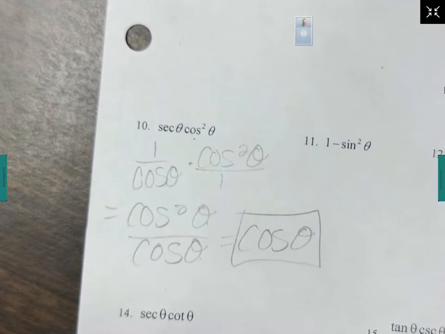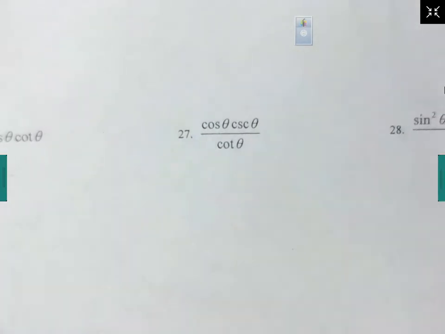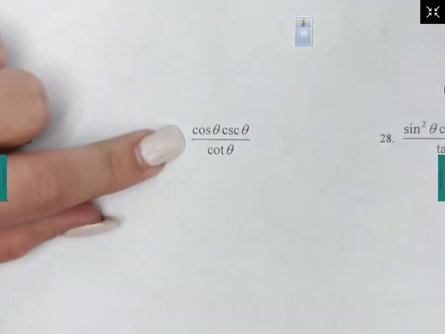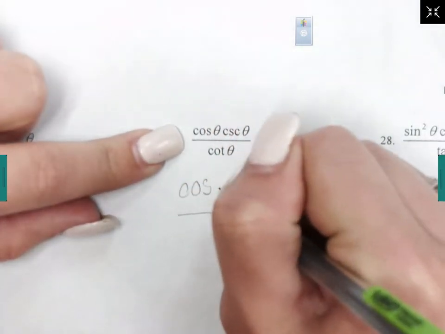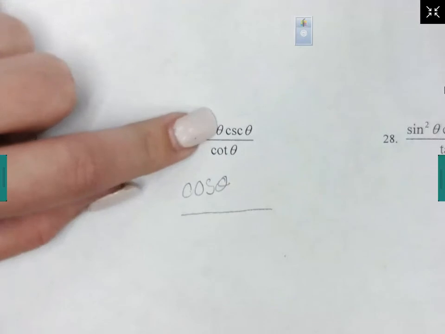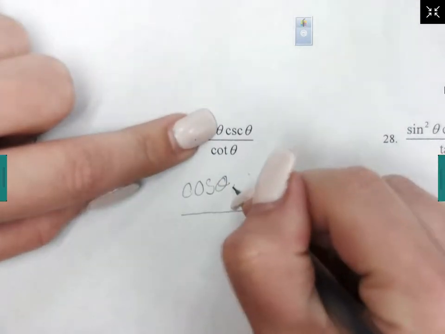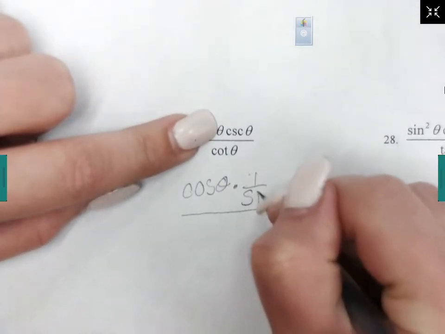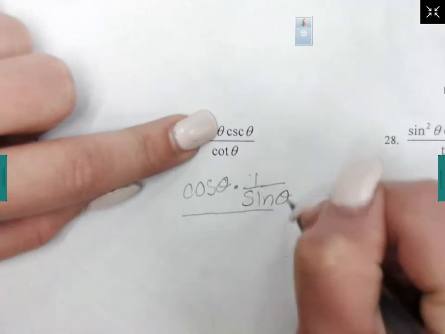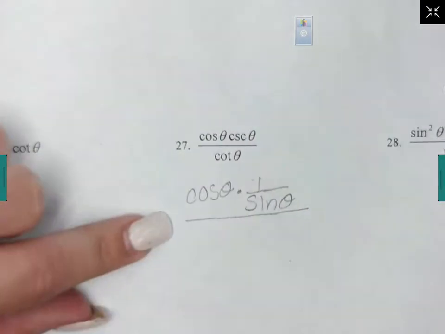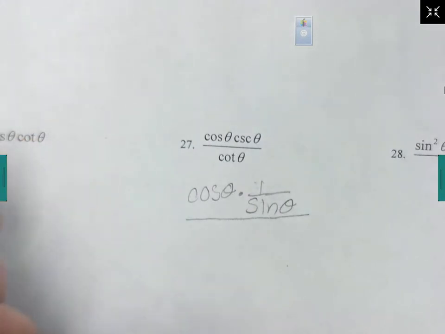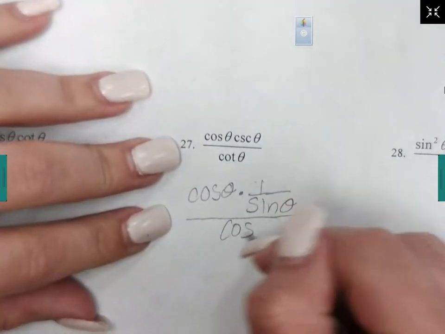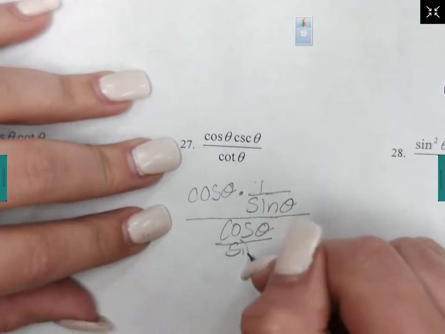Let's go ahead and flip over to the back. Let's look at number 27. Should I rewrite cosine as anything or not? No, it's just the cosine of theta. Now, how do I rewrite cosecant? 1 over sine of theta. So this is times 1 over the sine of theta. And what about cotangent? Cosine over sine.